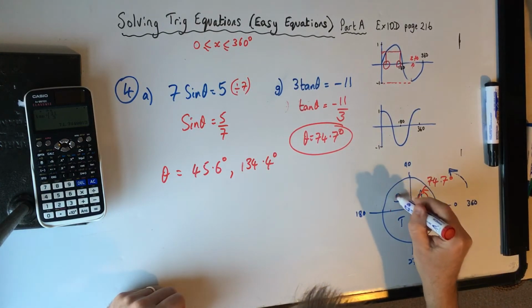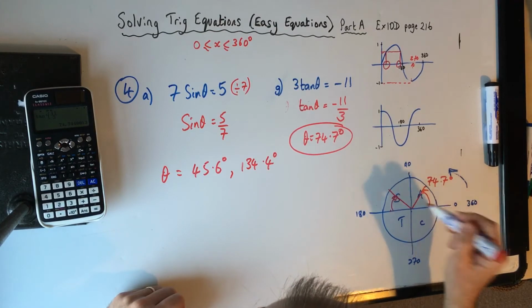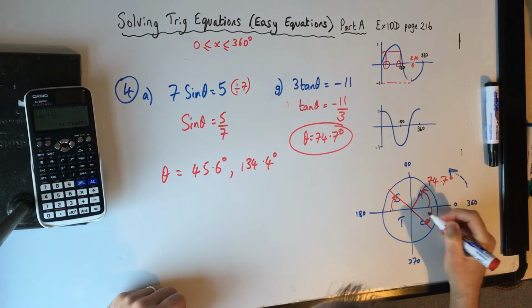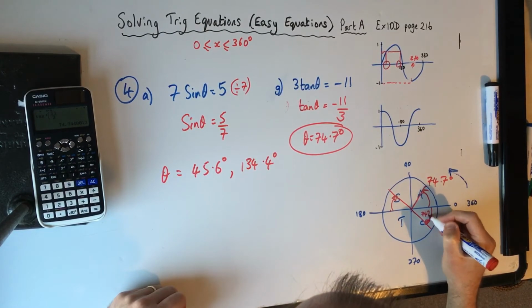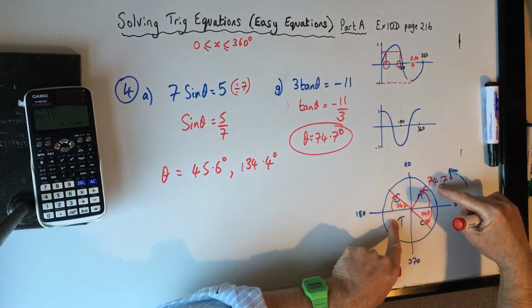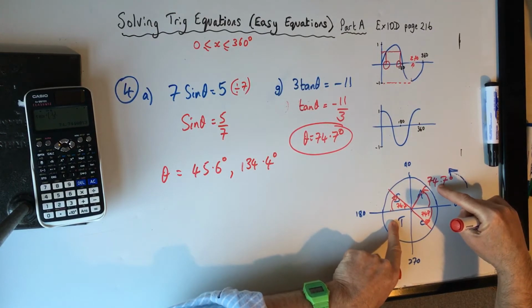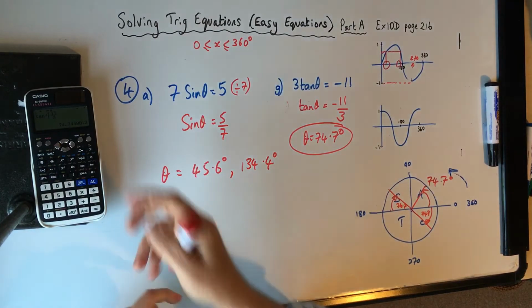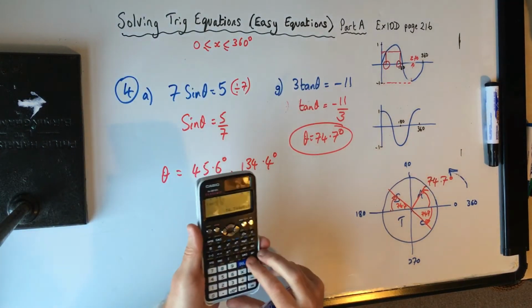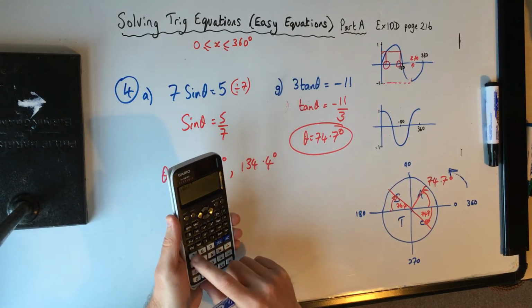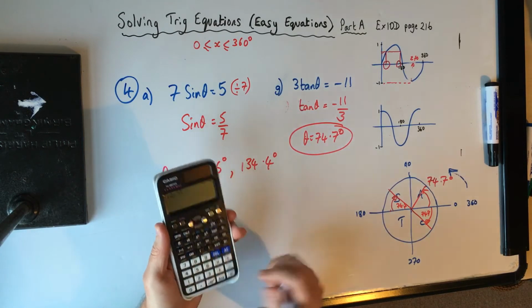So if we turn back 74.7 into these two regions, those are the two that we don't want. Those are going to give us positive 11/3. These two values are going to give us negative 11/3. So all I do is go 180 minus 74.7.